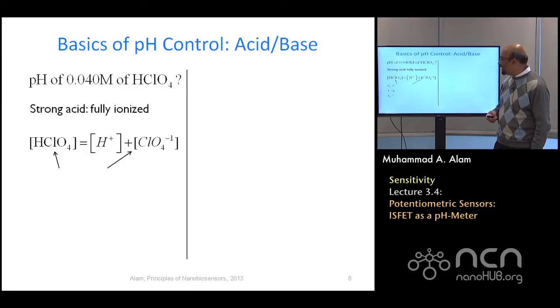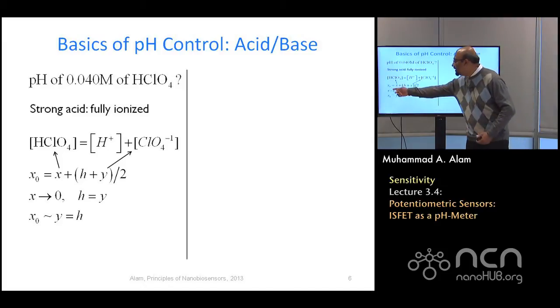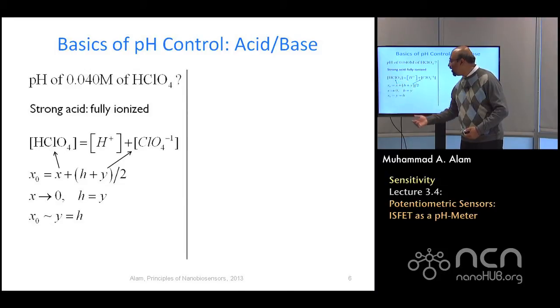Again, you solve it exactly the same way. This is the number of unbroken acid molecules that you started with. X is the value of unbroken acid molecules left after dynamic equilibrium. H and Y are the two species.